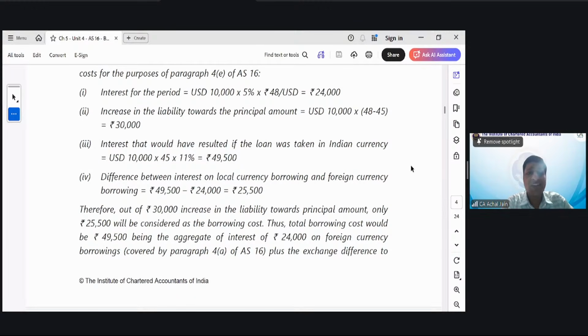Therefore, standard says that out of this 30,000 which the company has incurred for taking the loan in foreign currency, what can you do? Out of this 30,000, the portion which has been saved as interest, meaning 25,500, can be treated as interest and therefore can be capitalized.